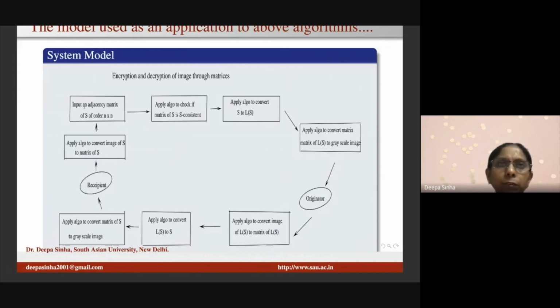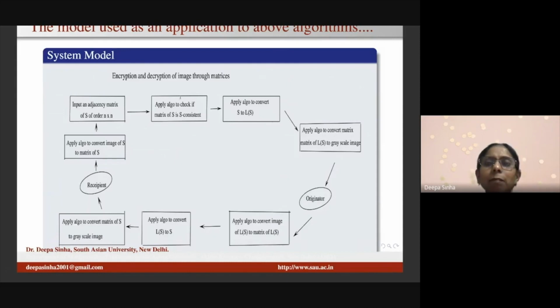So we change the sign graph into the matrix form, and then we apply the algorithm to check whether it is S-consistent or not, so that whether its line sign graph is S-consistent or not, so that one is not able to attack the network.